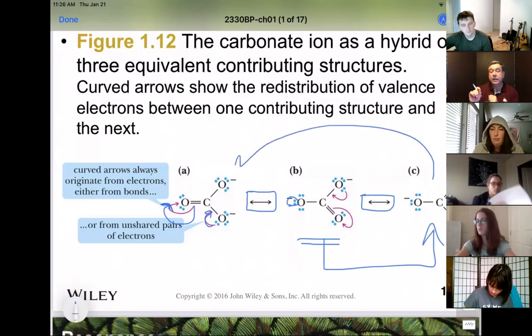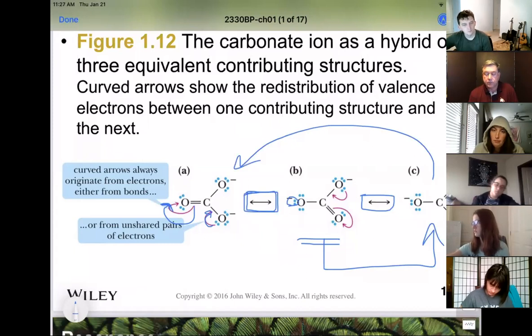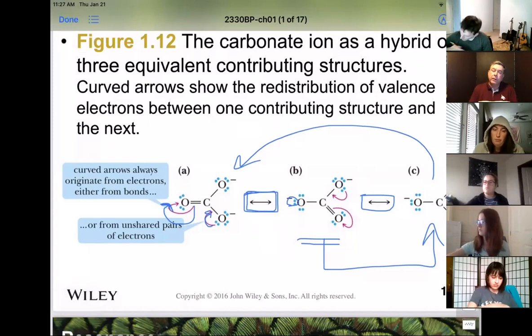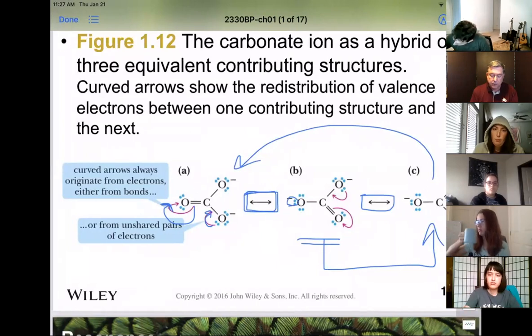But the key here is that a 2-pronged curved arrow shows where electrons are moving. This double arrow shows that we have 2 contributing resonant structures, 2 contributing Lewis dot structures. So if we're going around and around like this, we have 3 possible structures for our combination there.